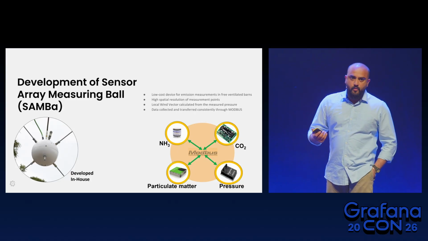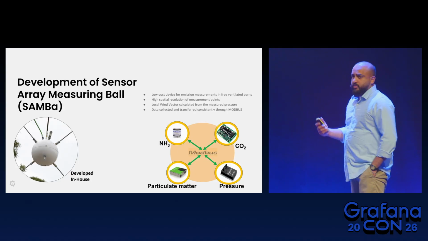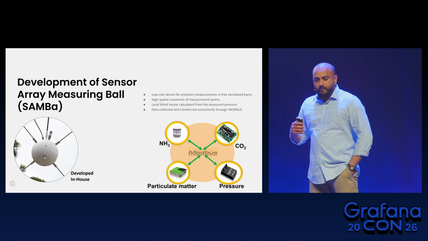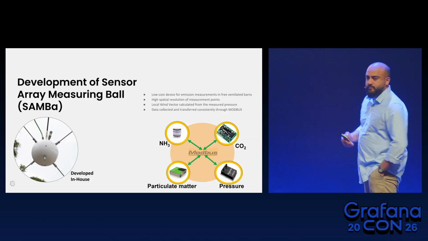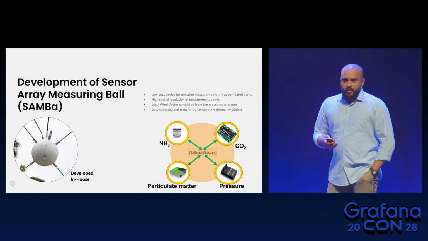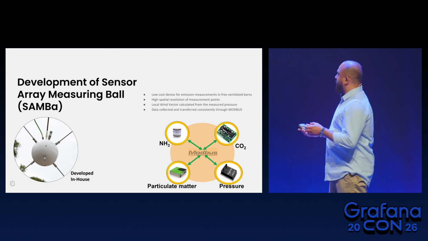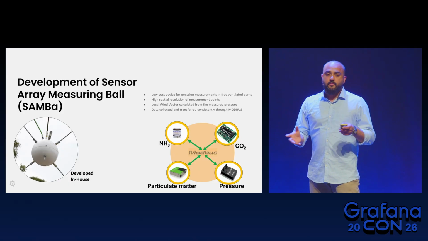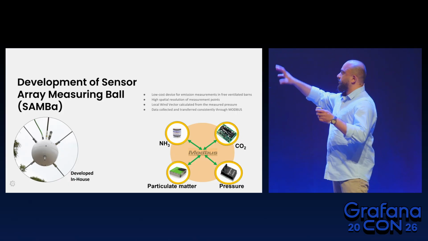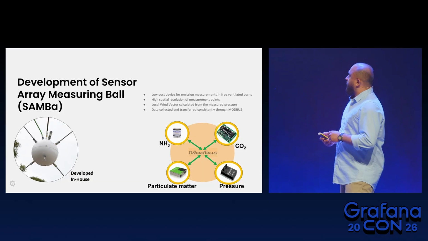It consists of 4 low-cost sensors, measuring ammonia, carbon dioxide, particulate matter, and differential pressure. We get data from these sensors, and we wire each of these sensor balls to each other and send the data to telecommunication towers, or LTE.